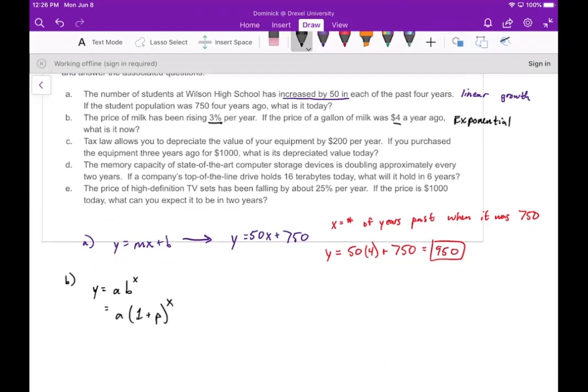So now in this case, we're rising by 3% per year, and we're starting at 4. So we're going to have y is equal to 4 times 1 plus 0.03 to the x power. And of course here, x is the number of years past when it was $4.